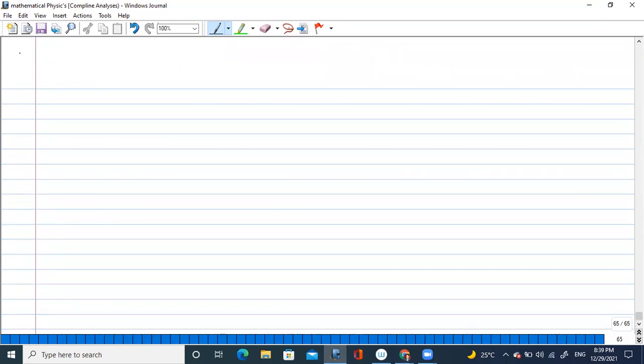Okay, one more point we can note down here. If some pole is on the line or surface of the contour, it means it is neither outside nor inside.